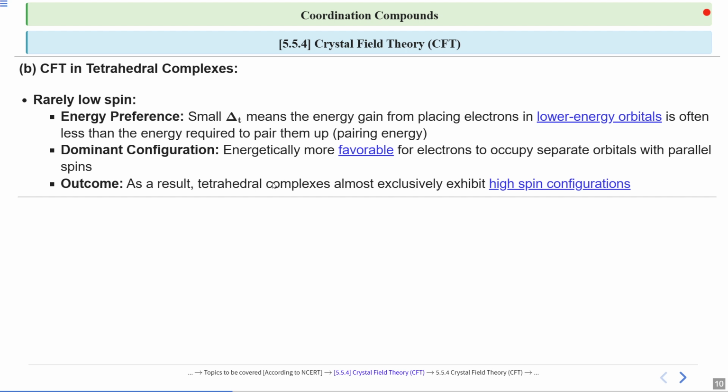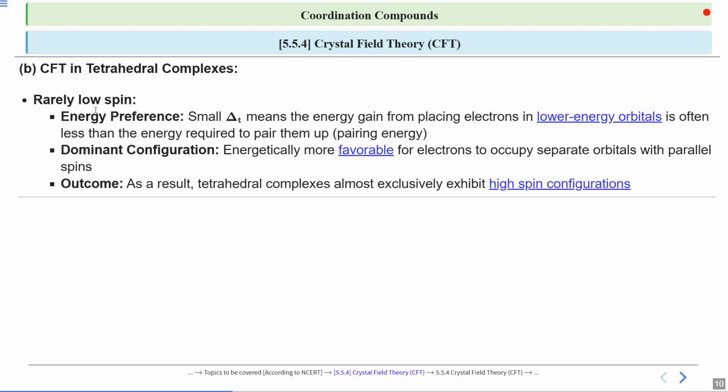And what is going to be the outcome? As a result, tetrahedral complexes almost exclusively exhibit the high spin configuration. Due to these reasons, tetrahedral complexes exhibit exclusively high spin configuration.